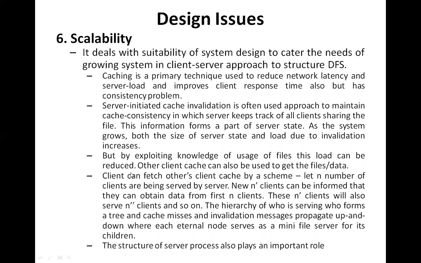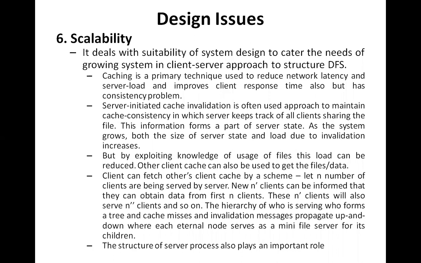Now another observation is that the data required by the client is, most of the time, available in its own cache and in other clients' caches. So it may be possible that a particular client who requires a certain file or data can find that other clients have already cached that information in the form of a file in their cache.